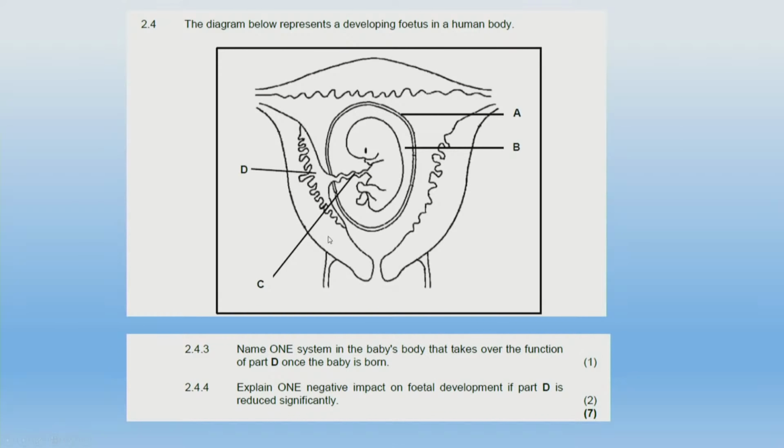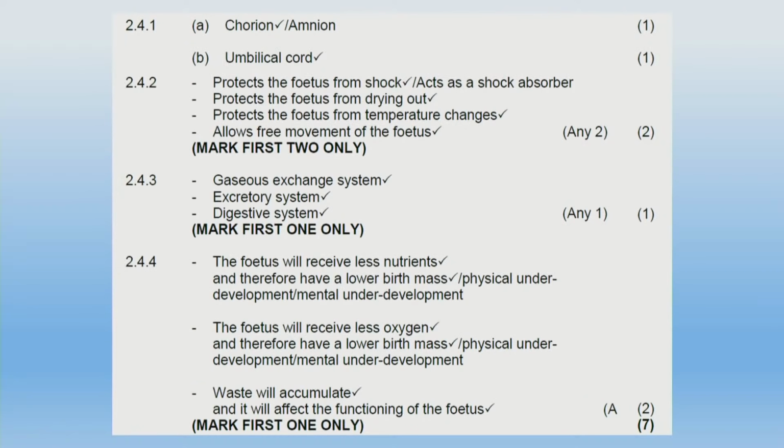All right. And then question 2.4.4, explain one negative impact on fetal development if part number D, here is part number D, is reduced significantly. If part number D is reduced significantly, it means that the fetus will receive less nutrients.